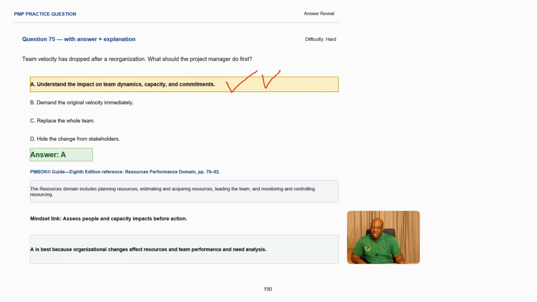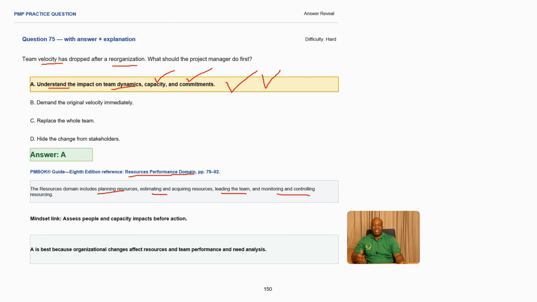So the team velocity has changed after reorganization. So this is team dynamics. So you need to understand the impact of team dynamics, capacity, and also commitments, which is what has also affected the team velocity. So what is our reference in terms of our PM book? Resource performance domain. Okay, so this is our reference, where your resource planning, estimation, and also leading the team and also monitoring. So you reorganize the team, the amount of work they were able to complete in a sprint has been reduced.